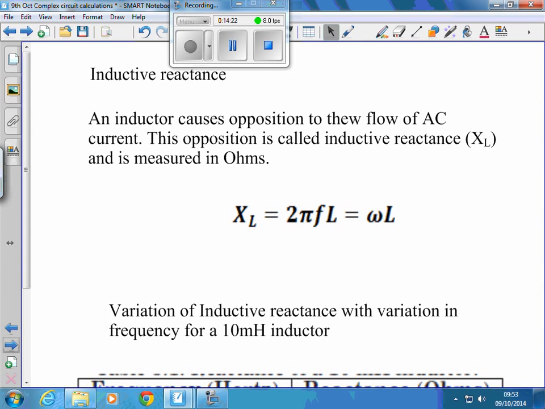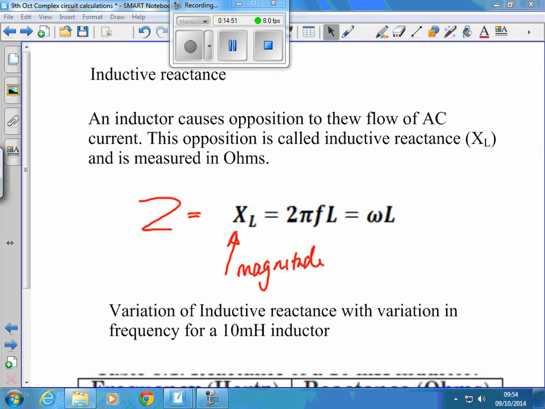Inductive reactance. So we've got this effect. The inductor causes the out of phase relationship, and the inductor has an impedance Z, where its magnitude is the inductive reactance XL.